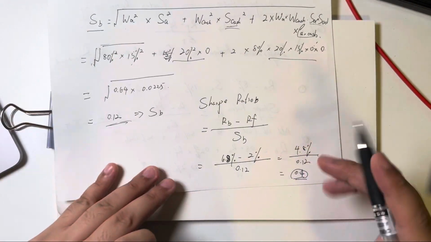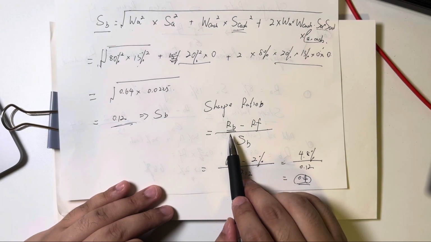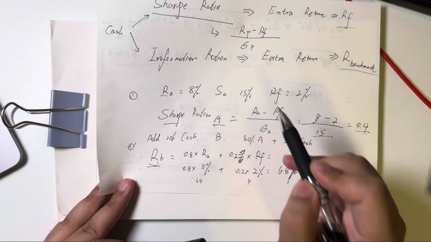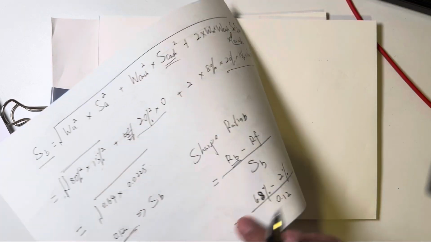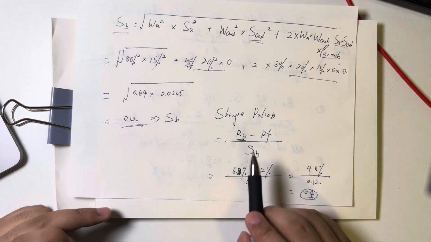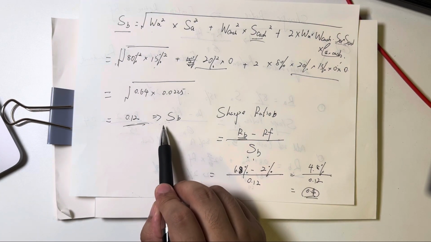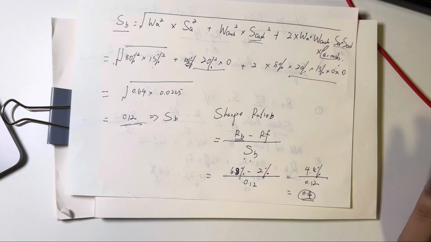But if you add cash, it will simultaneously decrease the return of the portfolio B, because you decrease the return from 8 to 6.8, but also, because you add cash, the risk, the standard deviation, decreased, so the whole Sharpe ratio keeps the same.